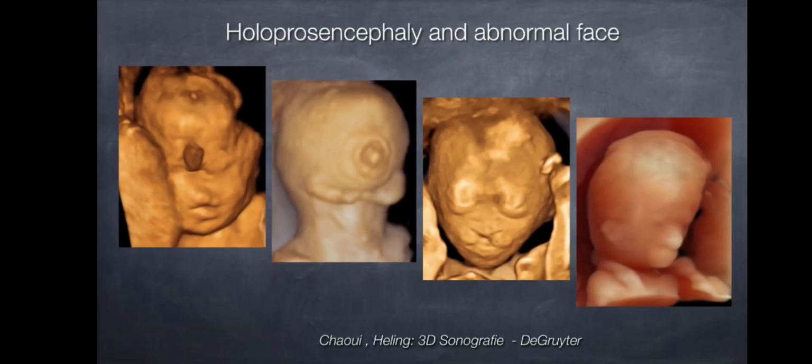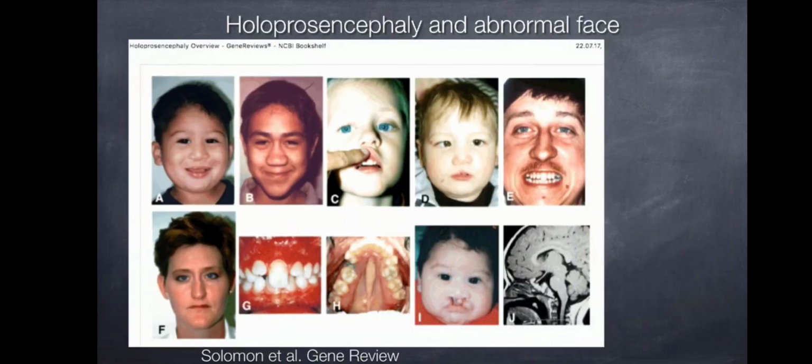Next, on holoprosencephaly, there is the face, the typical abnormal face in alobar conditions. So you'll have here the proboscis, the cyclopia, the absent nose, the cleft, the cebocephaly, and so on. But if you look at the review of Solomon, the mildest form you may have is in this one or this one.